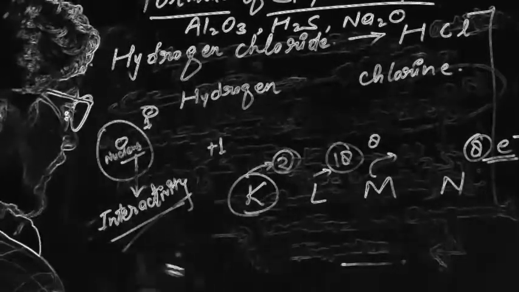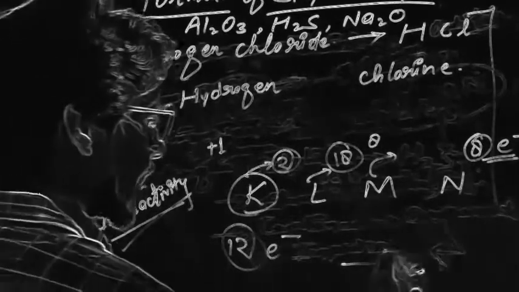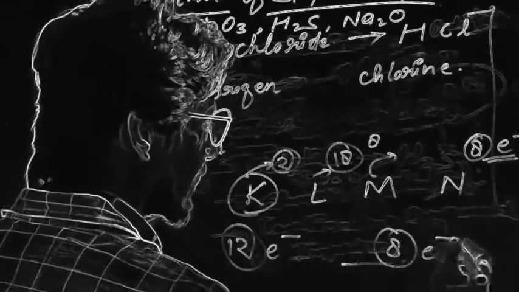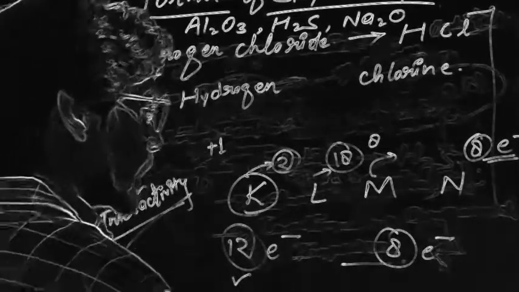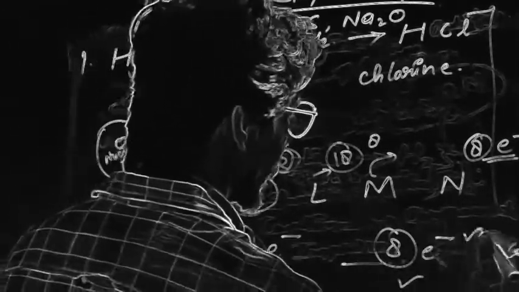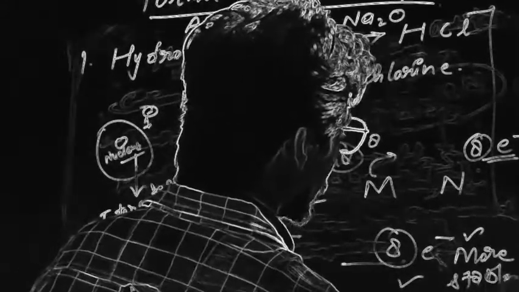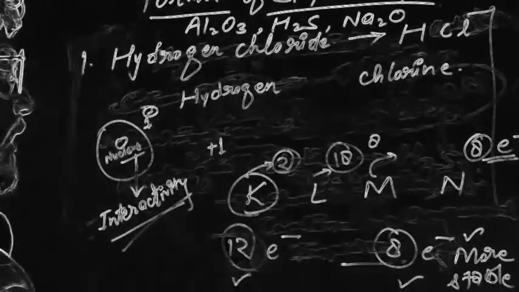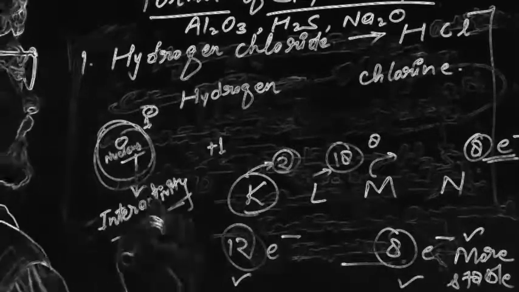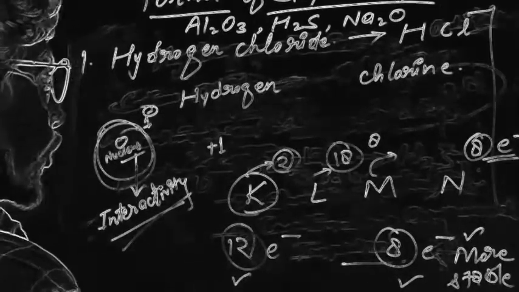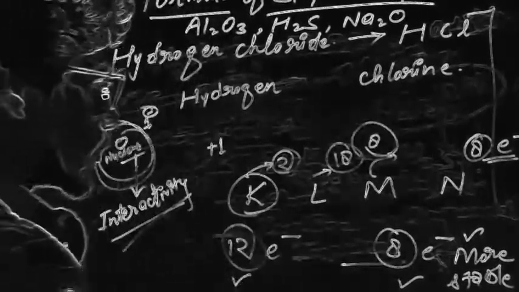Suppose, for example, I write here 12 electrons, and here you have 8 electrons in the shell. Which is more stable, 12 electrons or 8 electrons? The one with 8 electrons is more stable. This is the most important thing you have to keep in mind: the shell having 8 electrons in the outermost shell is stable. If you want to attain more electrons, you can go till 18, but stability will be at 8 electrons only.